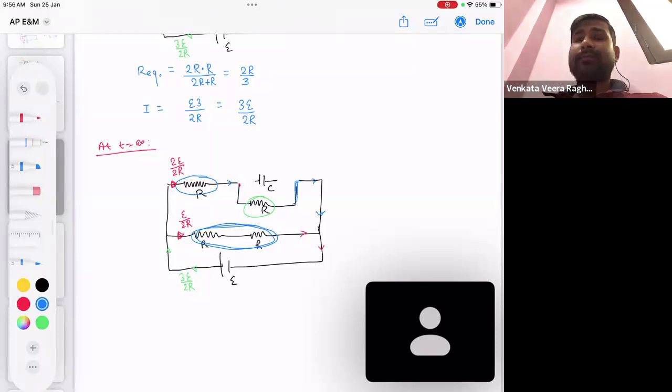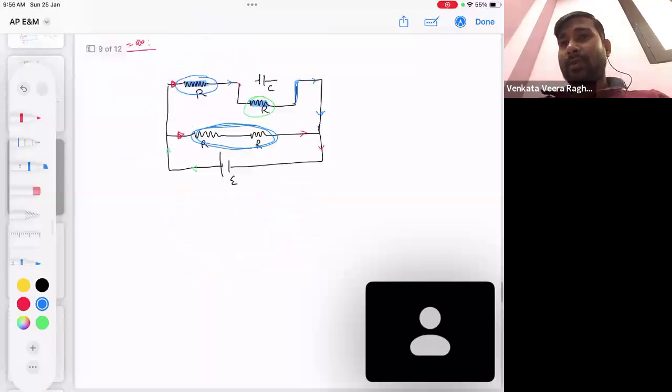Understood? So now if you calculate again the same things, what will happen? Check it and tell me. Now you see that, check it, this R and this R. Now are they connected in series? The two R it will come. Lower branch R and R connected in series, 2R will come.